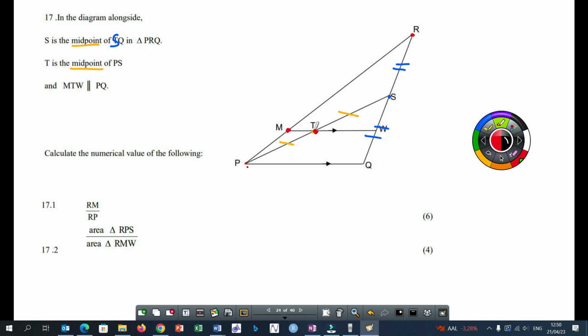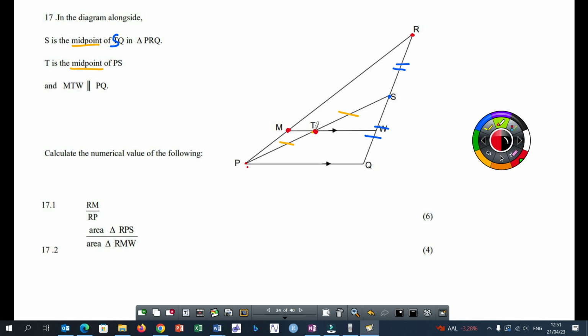I can only apply the proportion theorem in triangle PSQ. There's no other triangle.